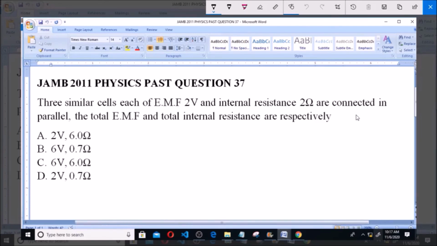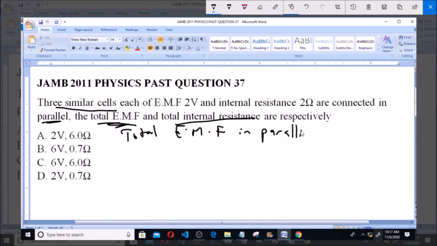Now we're asked to find the total EMF and total internal resistance of three similar cells which are connected in parallel. The first thing to note is that total EMF in a parallel connection is equal to the EMF of each cell.